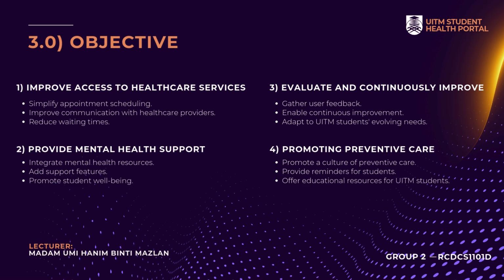And number three, evaluate and continuously improve: gather the user feedback, enable continuous improvement, and adapt to UiTM students' evolving needs. And number four, promoting the preventive care: promote a culture of the preventive care, provide the reminder for student, and offer the educational resources for the UiTM student.